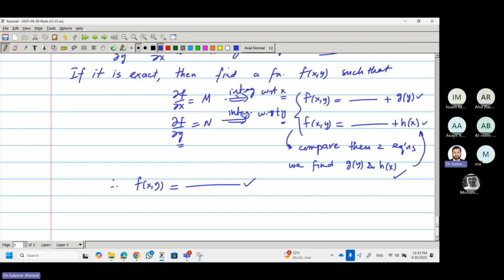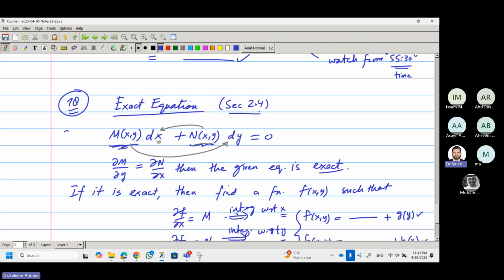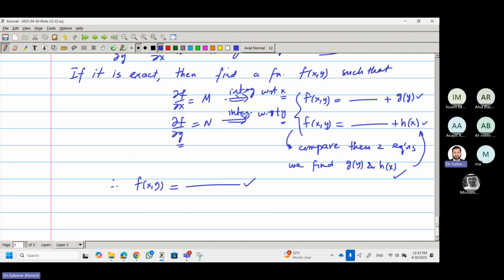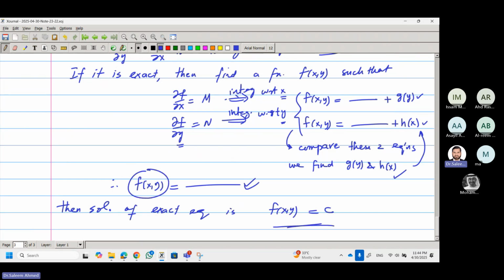This is f, but I'm looking for the solution. I have to solve this exact differential equation, so I have to write the solution at the end. The solution of exact equation is very simple: f(x,y) equal to constant. The function which you found, just put it equal to constant. That is your solution.